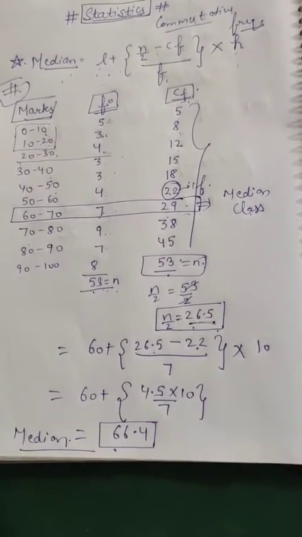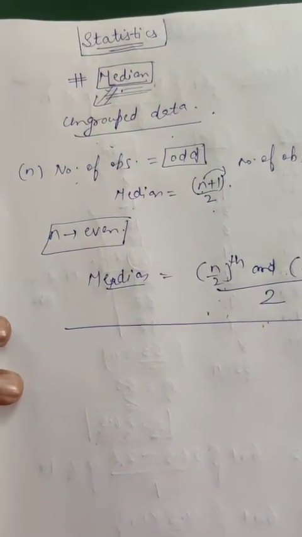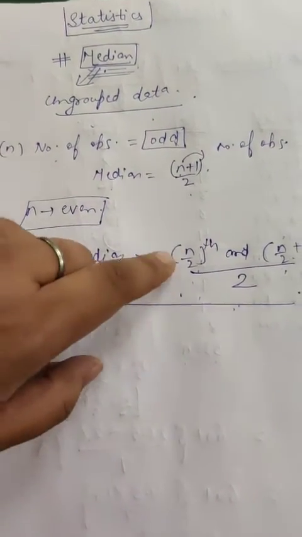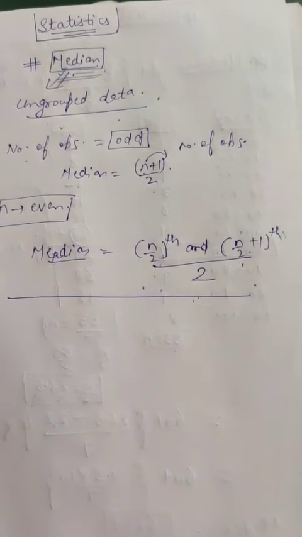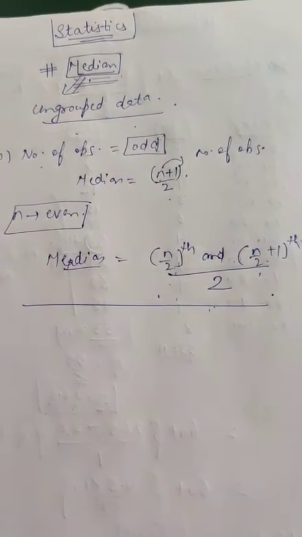So in this video what we have discussed is how to find the median in ungrouped data, that is odd and even. In the odd case, the (n plus 1) by 2 term, and in the even case, the average of the n by 2 term and the n by 2 plus 1 term.